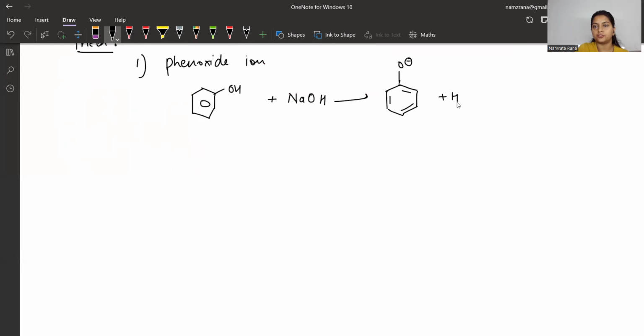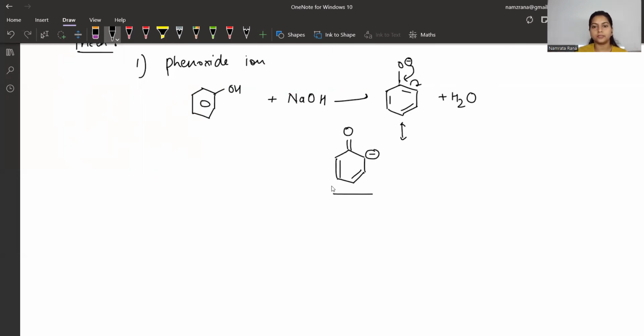And H2O is released. Now, as soon as this phenoxide is formed, it is resonance stabilized. You can show the resonance like this, with a double bond to oxygen and a negative charge on one of the carbons next to the double bond.